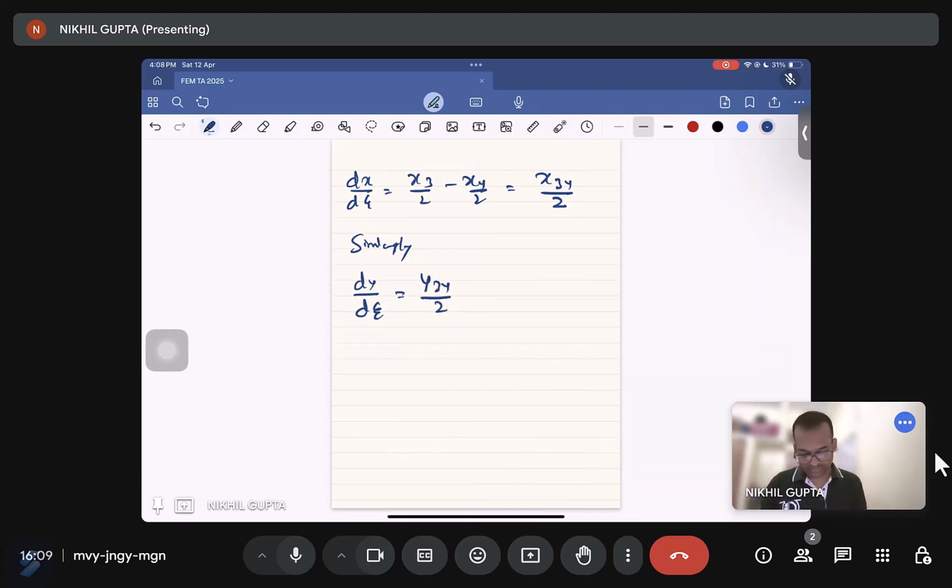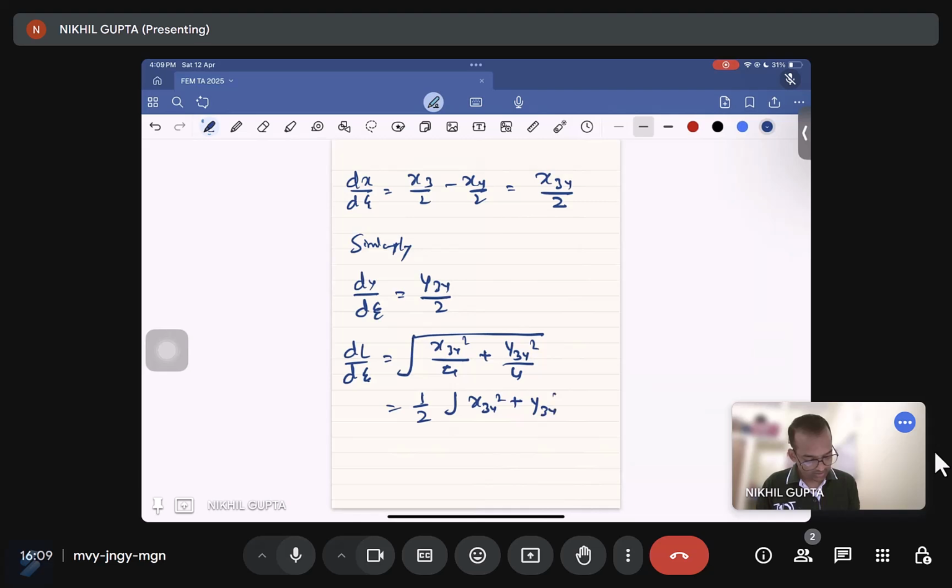So now let's substitute the value in dL by dxi. It will become x34 whole square by 4 plus y34 whole square by 4, which will become half of the square root of x34 whole square plus y34 whole square.